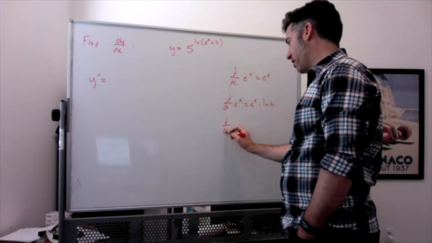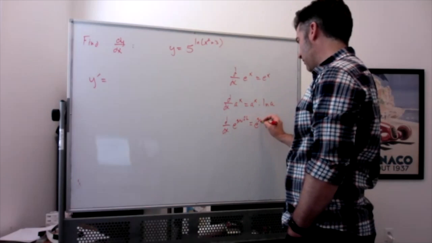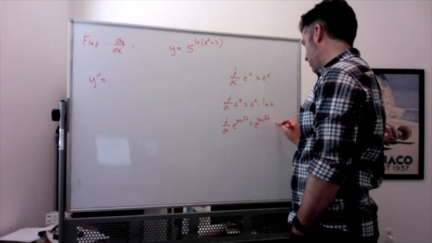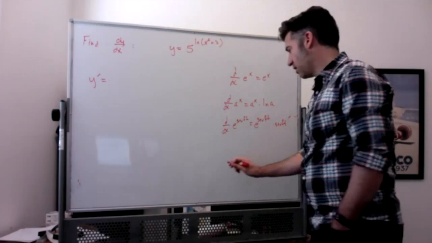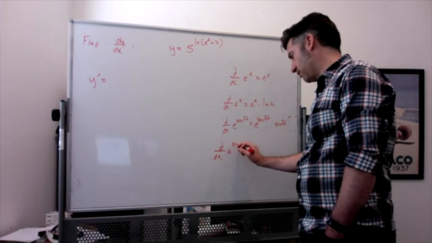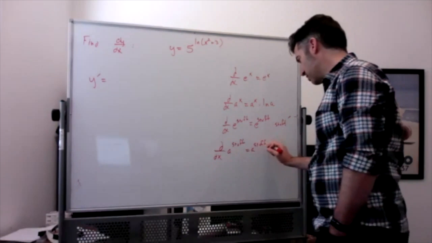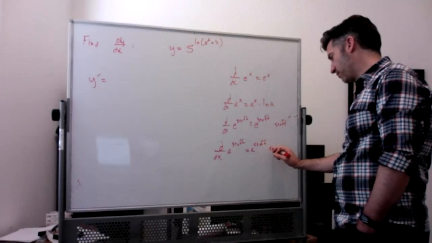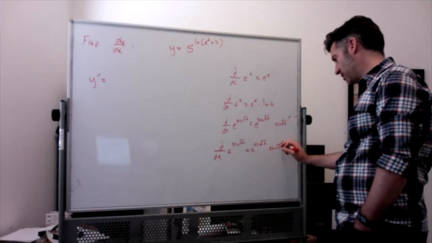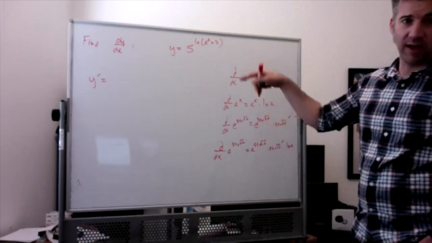The derivative of e to the stuff is e to the stuff times the derivative of the stuff, and the derivative of a to the stuff is a to the stuff times the derivative of the stuff times the natural log of a. So that's what I'm thinking of when I see this.